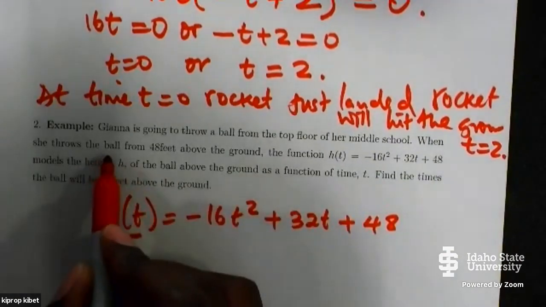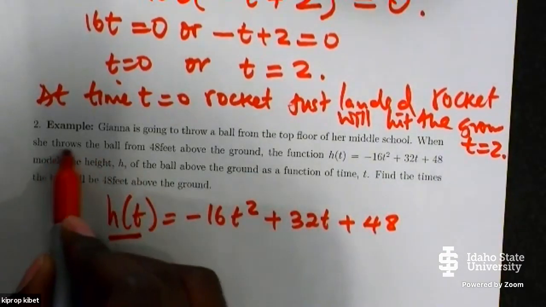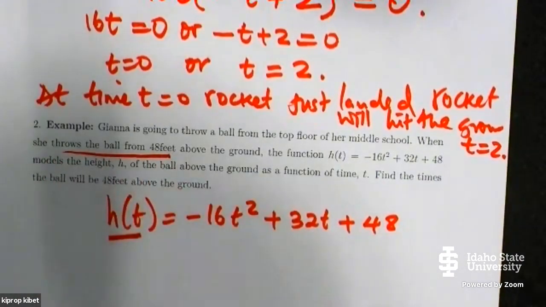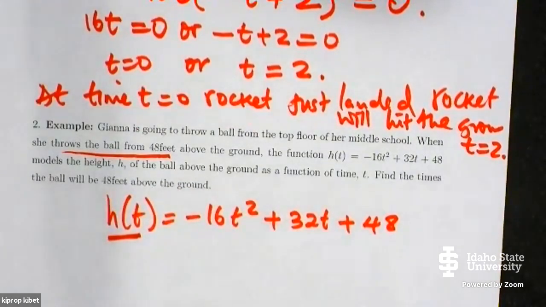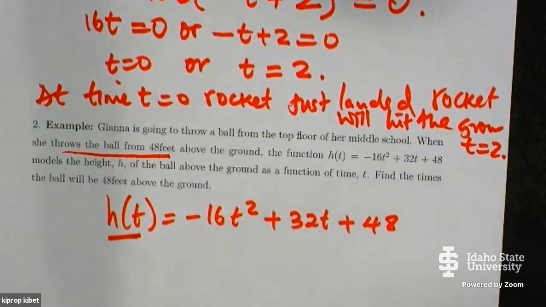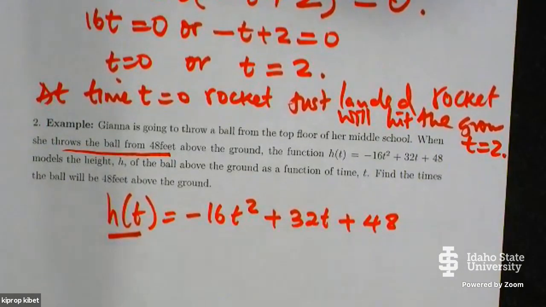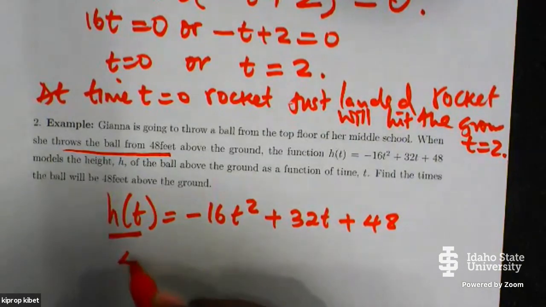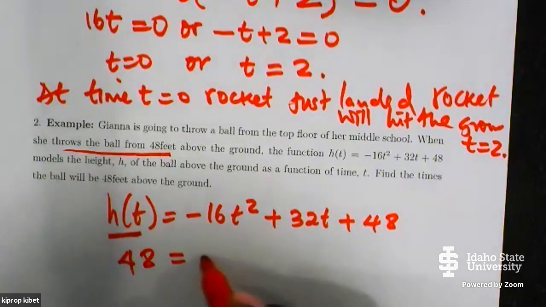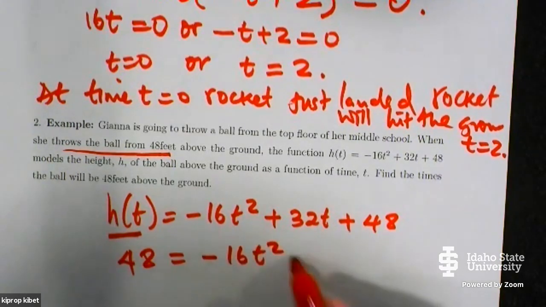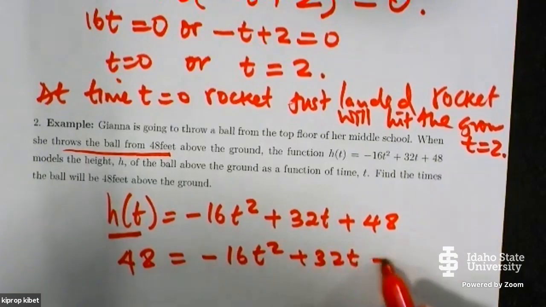So we have that statement over there, which says when she throws a ball 48 feet above the ground. So h(t) will be what? Now you say 48 = -16t² + 32t + what?